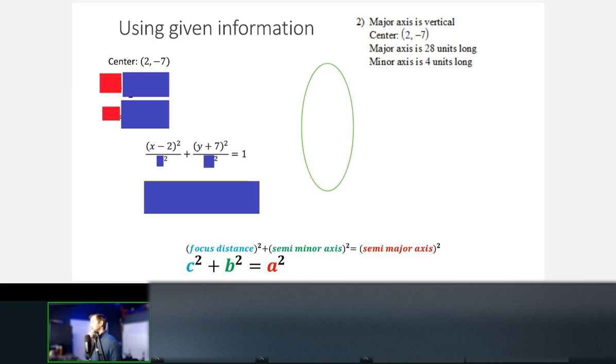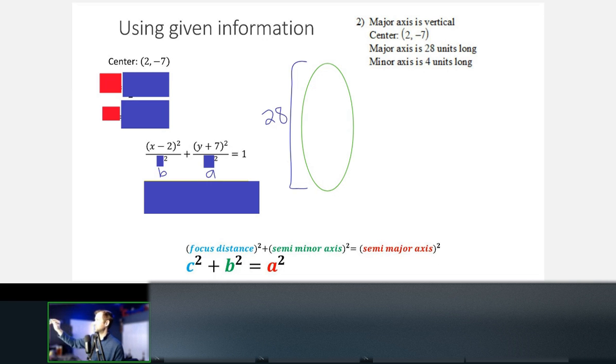And then that means the a value should be under the y stuff. So I'm just going to put an a here, and I'll put a b here. And it says the major length is 28. So from here to here, that's 28.